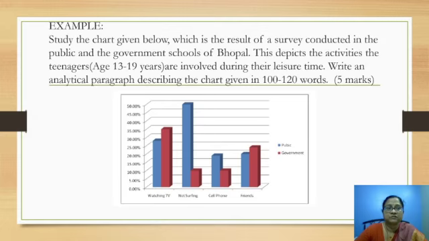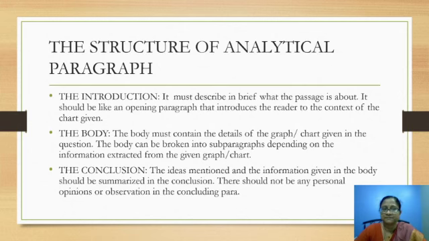Now let me move to the structure once again. So children, the structure of an analytical paragraph comprises three parts. The introduction, which should be very brief and take the reader to the context. The next is the body, where you will deal with the context and give the information in a very accurate, straightforward manner using simple language.